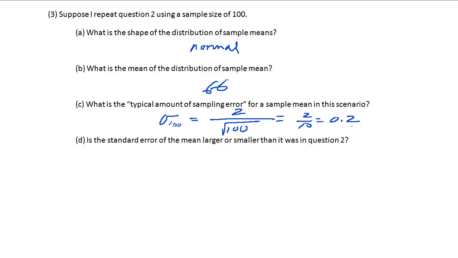Is the standard error of the mean larger or smaller than it was in question 2? It's definitely smaller. As I said, the sample size is larger this time, so the error is going to be smaller. The number here is 0.2, and it's definitely smaller than 0.4.